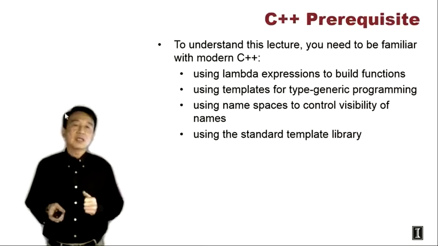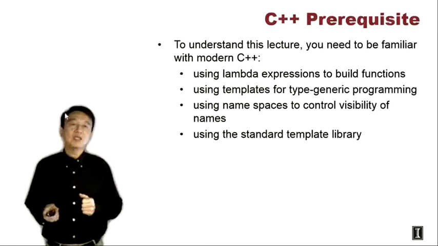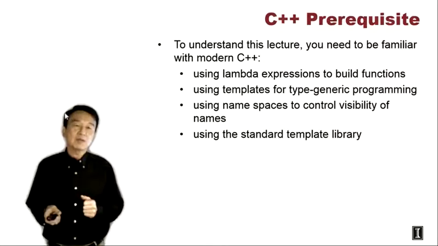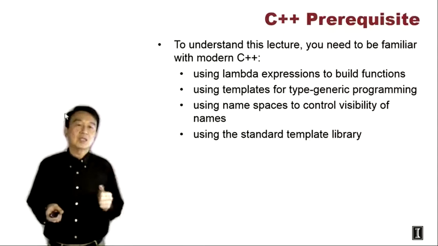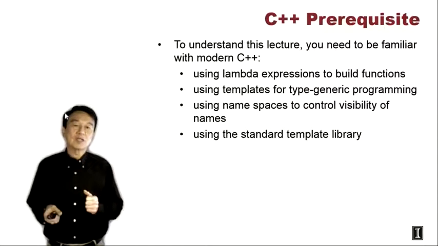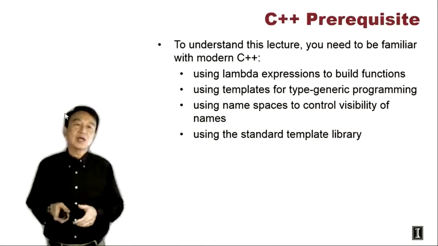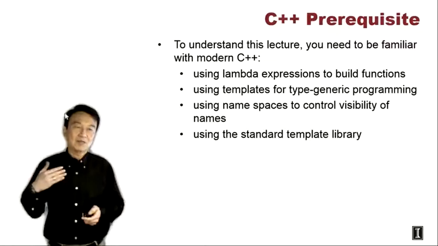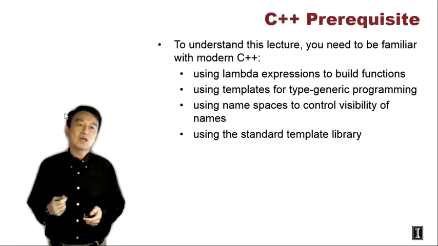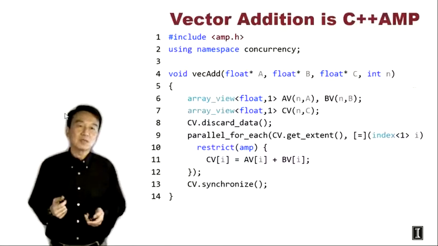The second one is using templates for type generic programming. Template programming is used heavily in AMP. And then using namespaces to control visibility of names, and also using the standard template library, which is a practical use of templates in C++ programming.